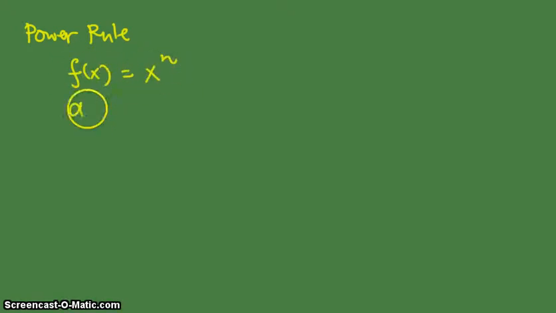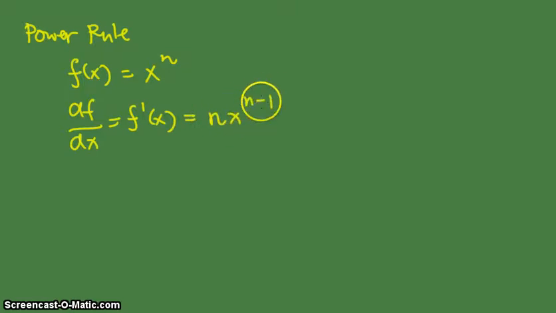The second rule that you need to know is what we call the power rule. If the function is given in the form of x to the n, the derivative of the function with respect to x, or simply f prime of x, is given by n x to the n minus 1.